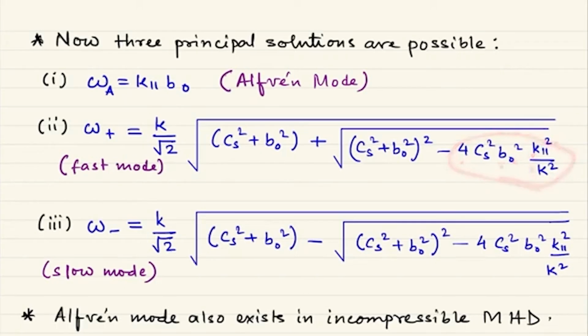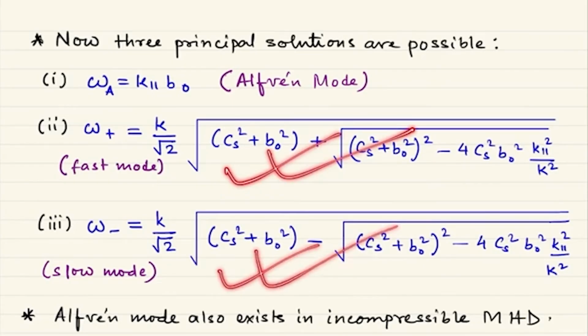Clear? Now for omega minus, it will be K by root 2, then the same thing, the square root of all, and then you have CS square plus B0 square, then you have the distinction between these 2. Here there was plus and now you have minus. Then within the bracket you have the same term. So this one is known as the fast mode, and this one is known as the slow mode.